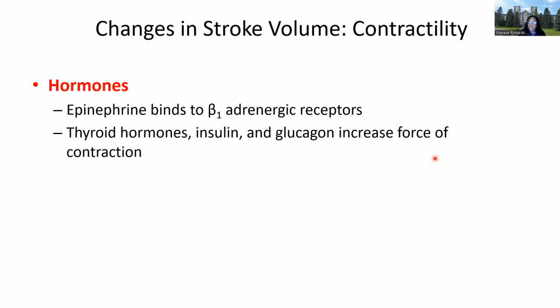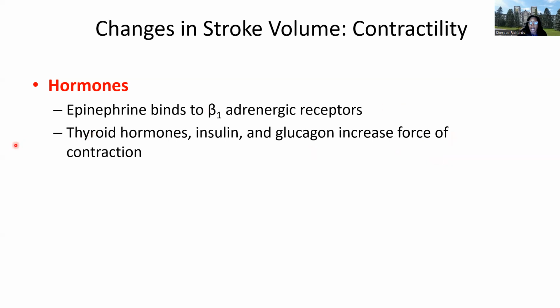So the increase in the opening of the calcium channels on the SR, as well as on the cell membrane, an increase in the myosin ATPase activity, as well as increasing the calcium ATPase activity on the SR. So those same four events are going to be brought about when it's a neurotransmitter as they are when it's a hormone.